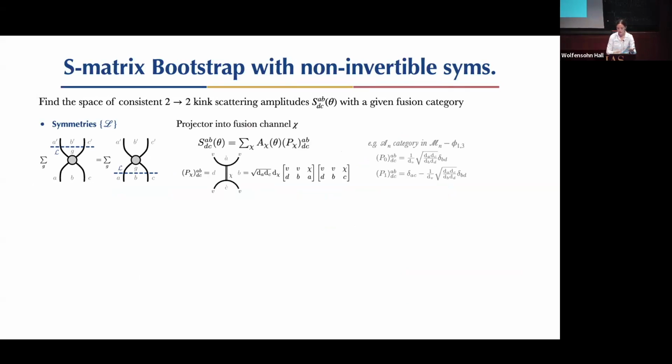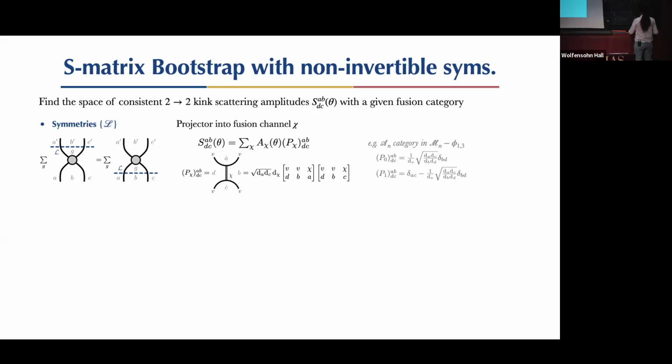And to do that, you can just project into different fusion channels. And these projectors will be given by some F symbols, which are part of the data of the category. So for instance, in the category that is present in these flows from minimal models, these projectors evaluate to these Kronecker deltas. Oh, I didn't write the Kronecker deltas. I'm sorry. There are some Kronecker deltas here.